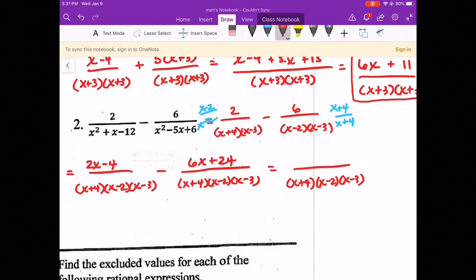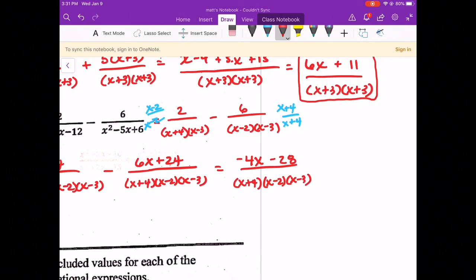2x minus 6x is negative 4x. Negative 4 minus 24 will be negative 28. All right? Now, what I want to do, leaving the denominator in factored form, I want to check to see if I have a greatest common factor or could factor the top any further in hopes that maybe to cancel some things out.